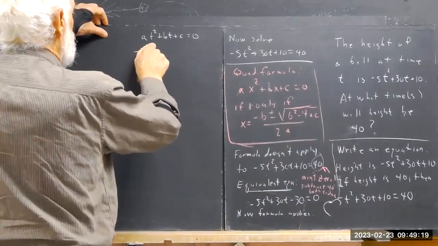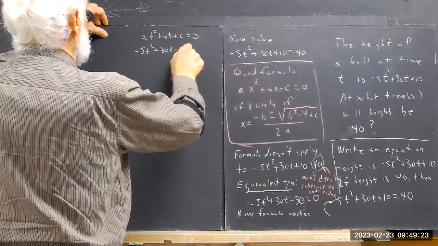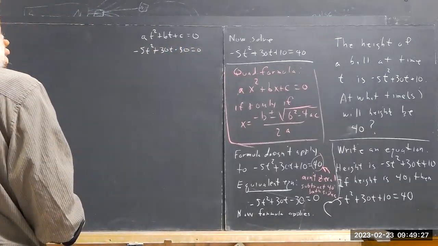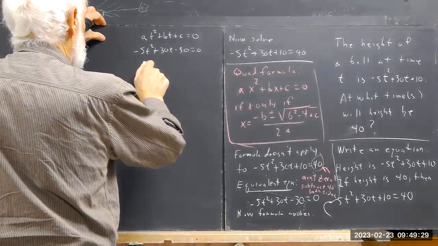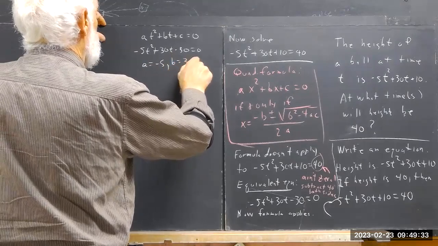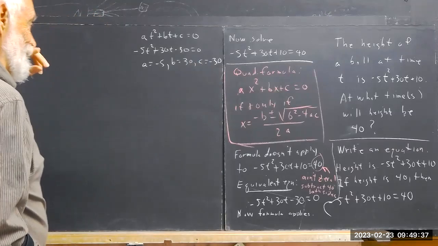And we write this down: negative 5t squared plus 30t minus 30 equals 0. A is negative 5, B is 30, C is negative 30.